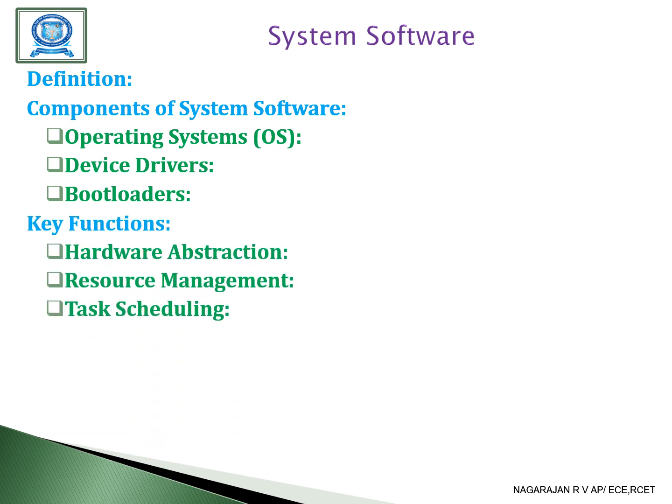Next, let us see the key functions of system software. The first is hardware abstraction. It abstracts hardware details from application software, allowing applications to interact with the hardware using a standardized interface. The next one is resource management, which manages system resources such as CPU, memory and input-output devices, ensuring efficient utilization and multitasking.